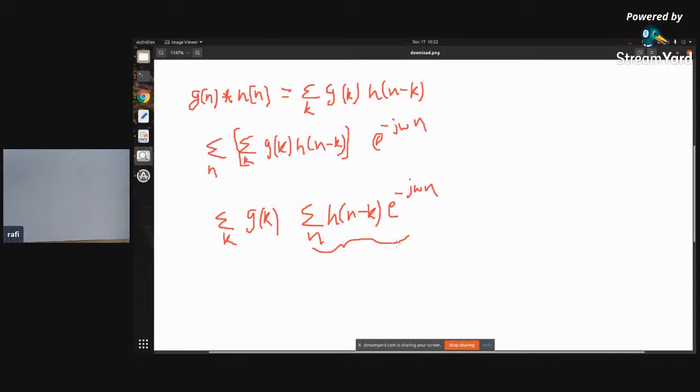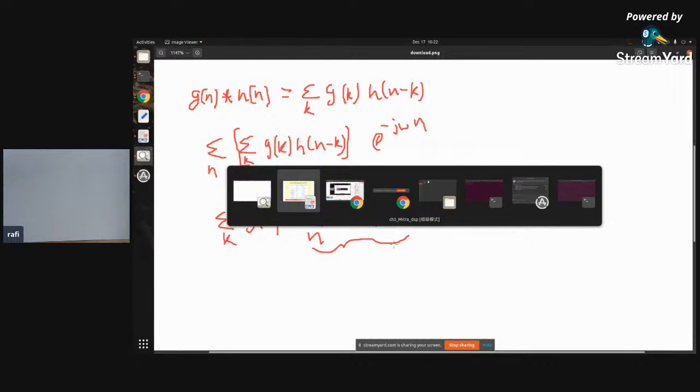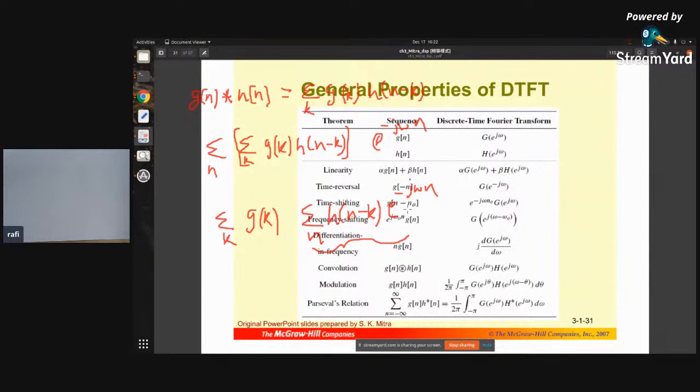Is this the property that we have seen recently as the time shifting property? In the place of n naught we have k here, so this will give the actual DTFT multiplied by this phase factor.